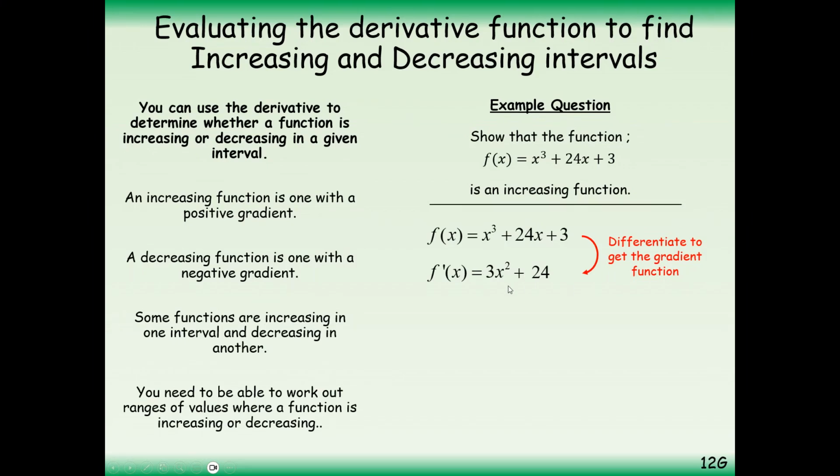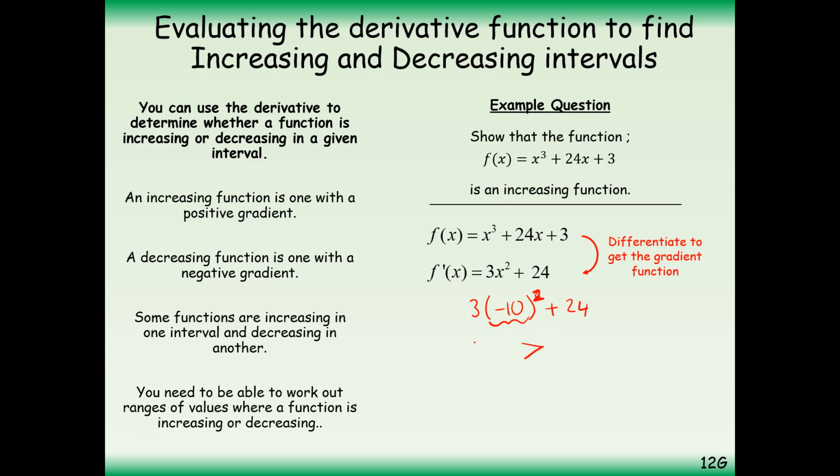Now, is there at any point any x value that can make this negative? So think about it. It's 3 times x squared. Whether you put a minus million inside that square bracket there, or a minus 10 here, because of the square it will become positive.